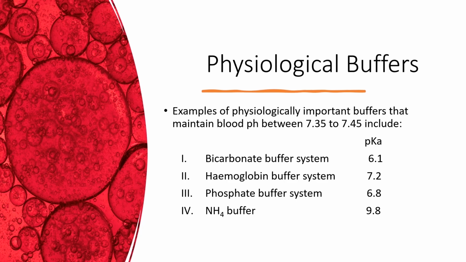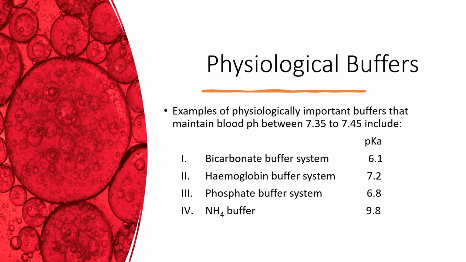It is important to note that it is not only the value of pKa that determines the effectiveness of a buffer system. The sheer amount or concentration of the buffer system also plays a very important role in determining its effectiveness.